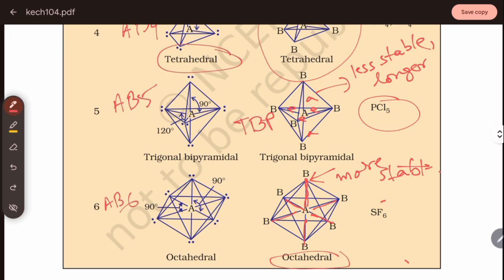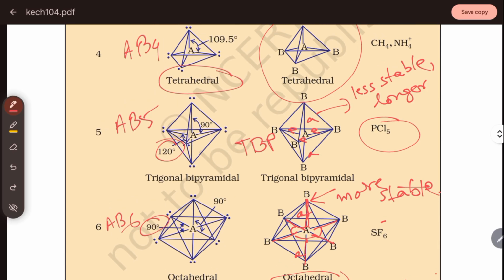Like in the TBP structure the equatorial bonds were more stable, here in octahedral geometry the axial bonds are more stable, because you see here the angle has reduced. In the square plane geometry, the angle has become 90 degree where it was 120 degree. The repulsion for 120 degree was less and the repulsion for 90 degree has increased. So this plane has greater repulsion, and so the most stable is the axial one.